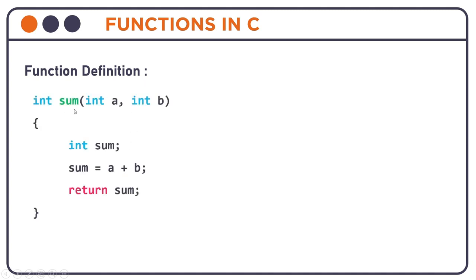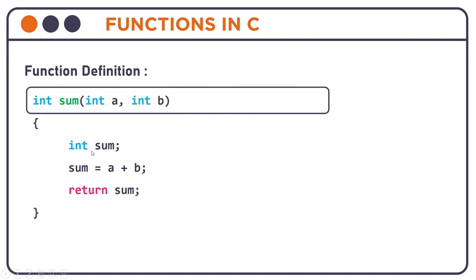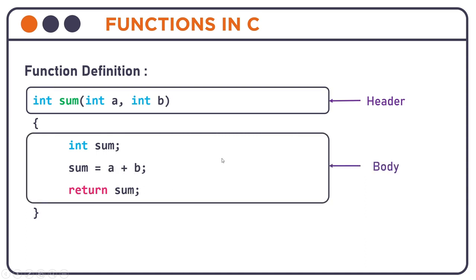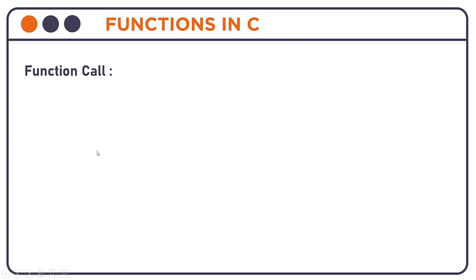For our sum function, we define the return type, which is integer, then the name of our function, then the arguments, then we open the curly braces, and inside the body we define our statements. For example, we create a variable named sum, then assign it the value a plus b, then we return the sum variable. So this is the body of the function.